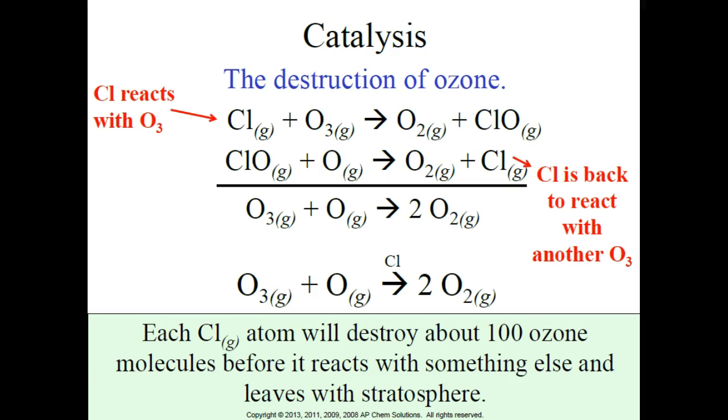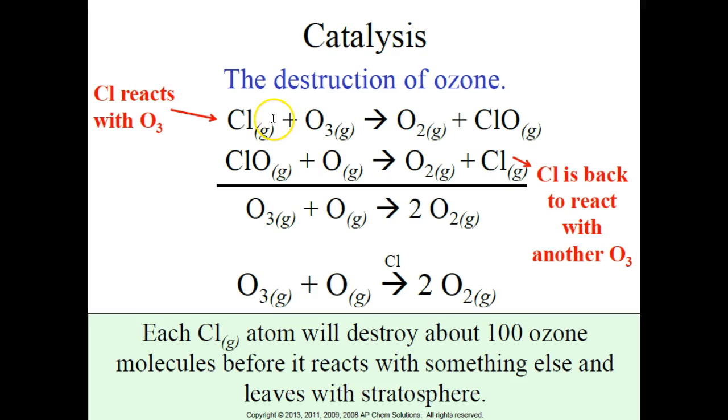Weird. Alright. But if you sum the reaction, chlorine monoxide, do you remember what that was called? It's produced in one step and then consumed in another step. An intermediate. Reaction intermediate.